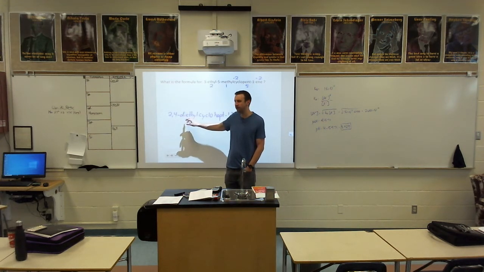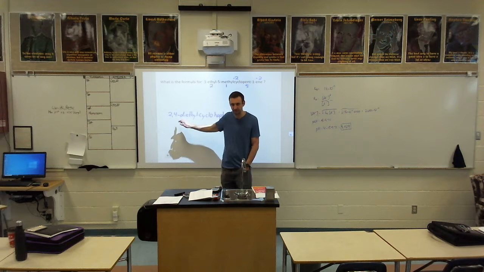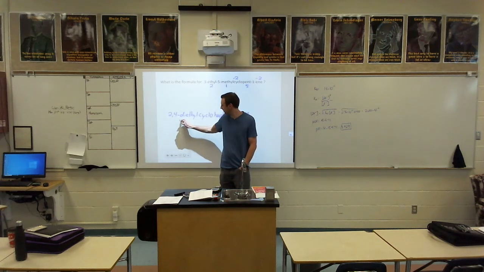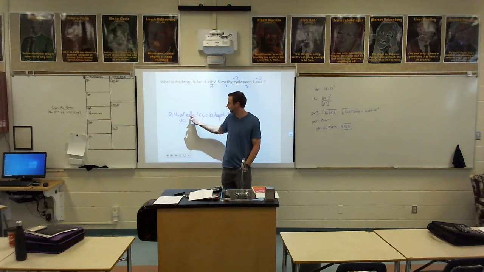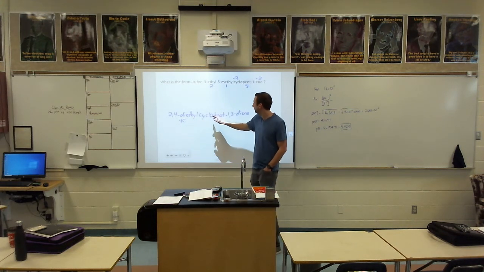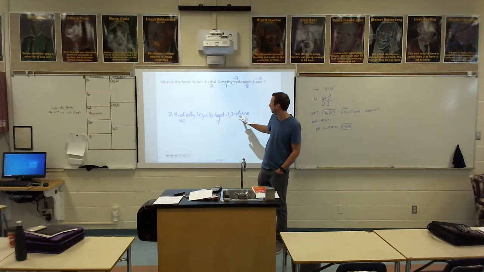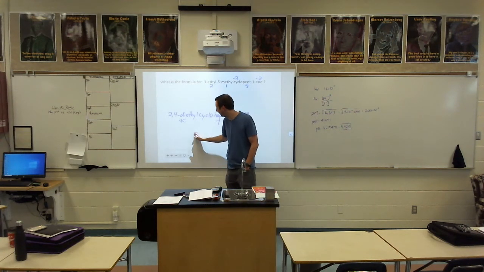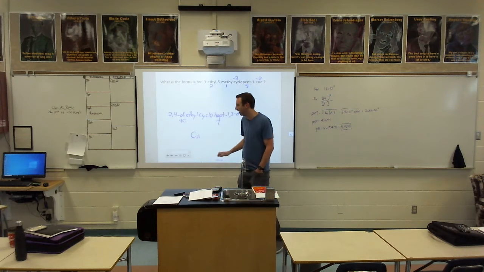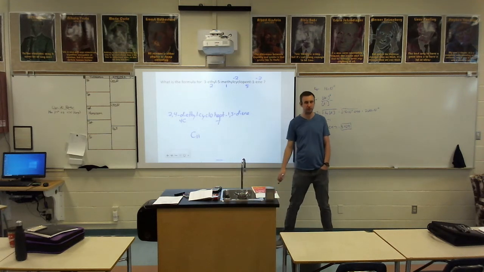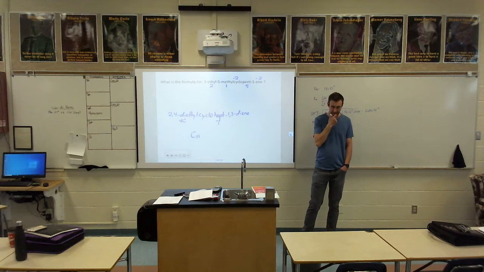2,4-diethyl, how many carbons? 4, yes, 2 times 2 is 4. Cyclohept is 7. 1,3-diene, don't care about that right now. I got 11 carbons. How many hydrogens am I starting with then? 24.